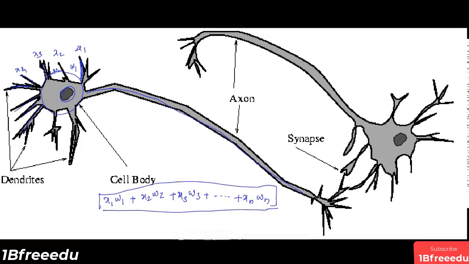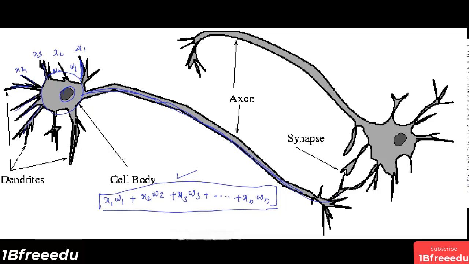And if the neuron produces output, we say that the neuron is activated or excited. That output is carried through this axon to the other neuron, like this one.